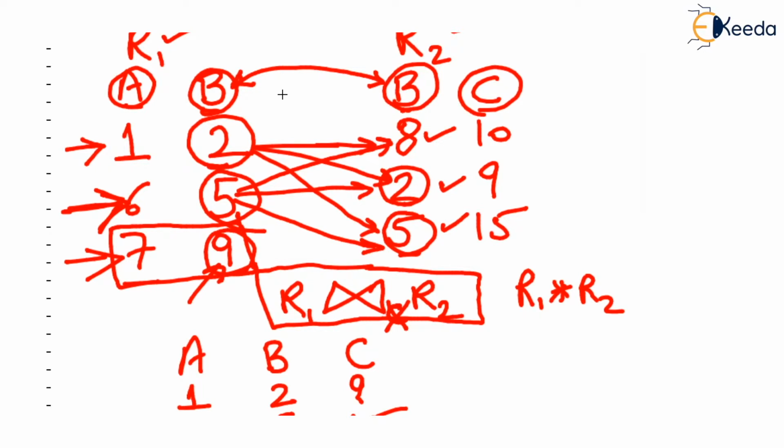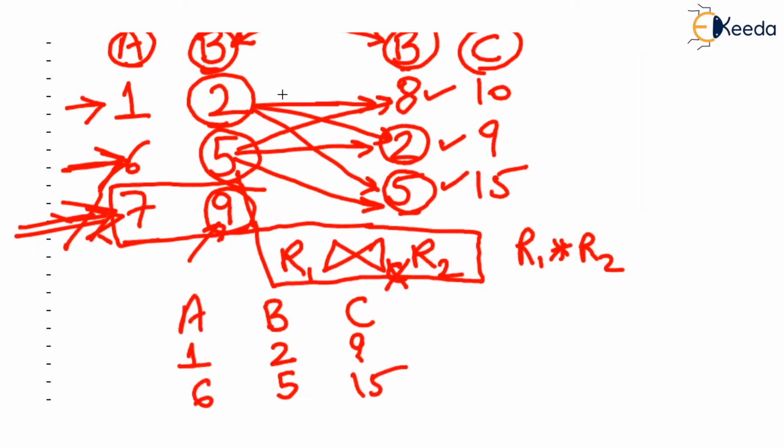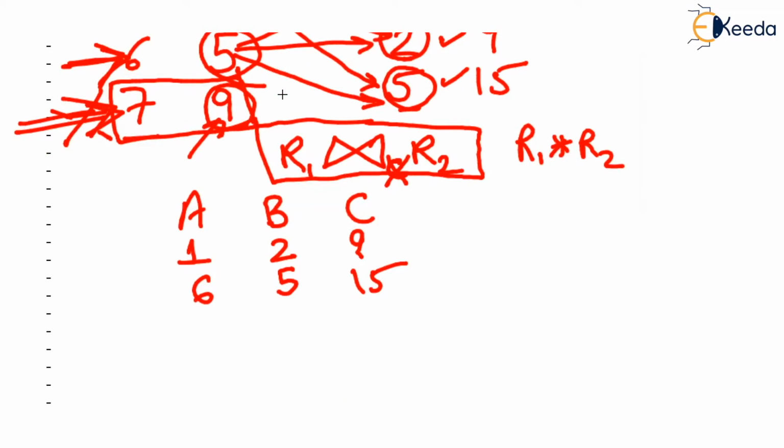So what will happen to this particular row of R1? This will not be listed at all. Obviously, because we were looking only for those rows where the value of B under R1 matches the value of B under R2. Naturally, 7, 9 will not be listed, and this will be our result.